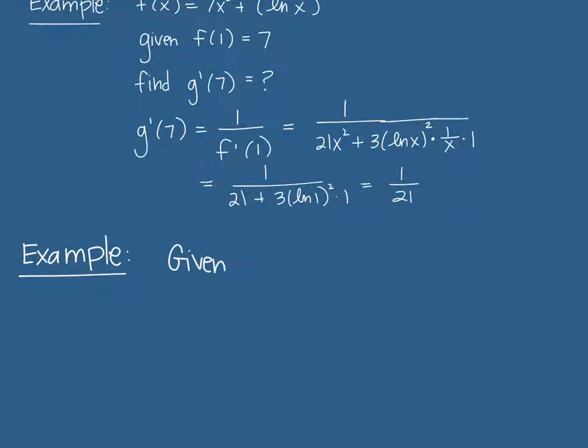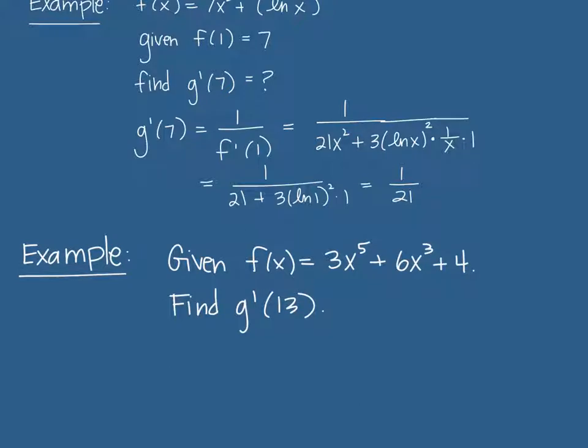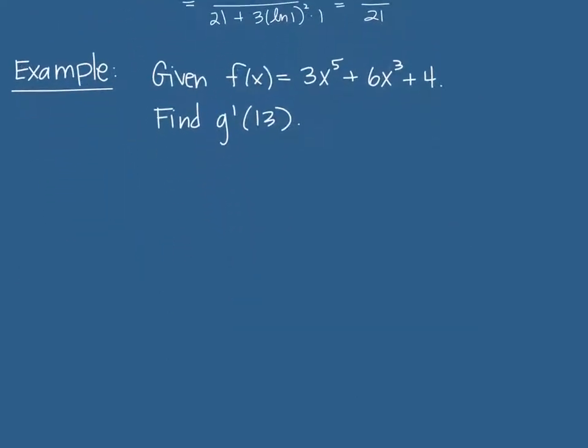All right, given the function f of x equals 3x to the 5th plus 6x to the 3rd plus 4, find g prime of 13. So I didn't give you very much to work with here.